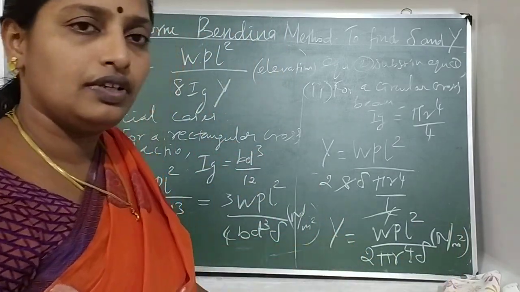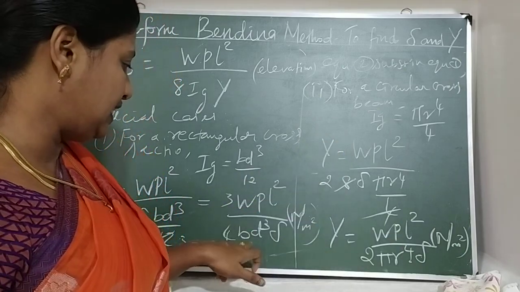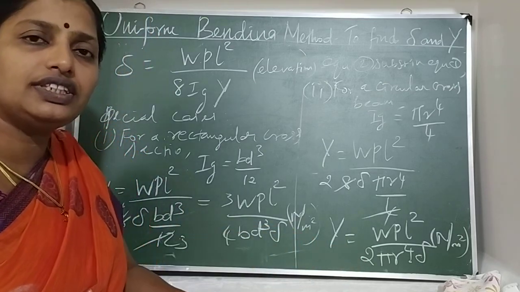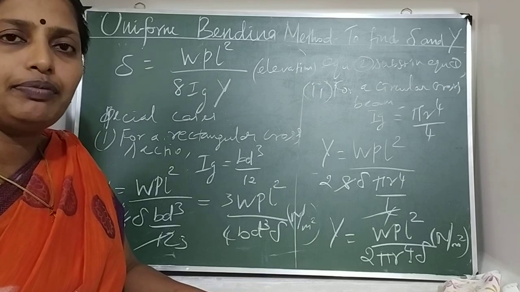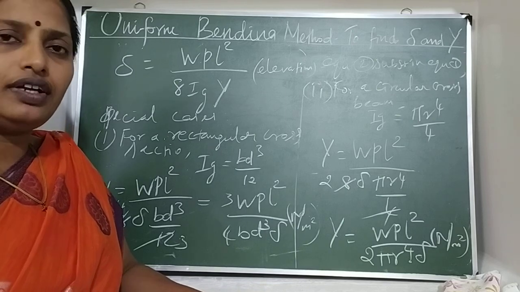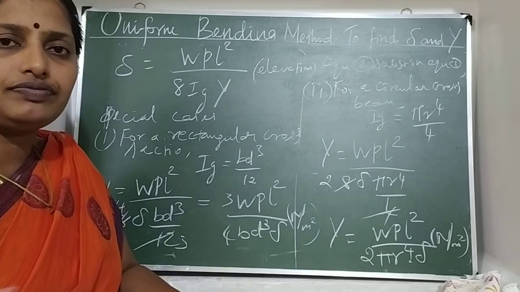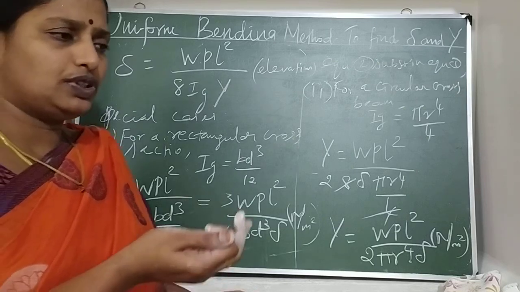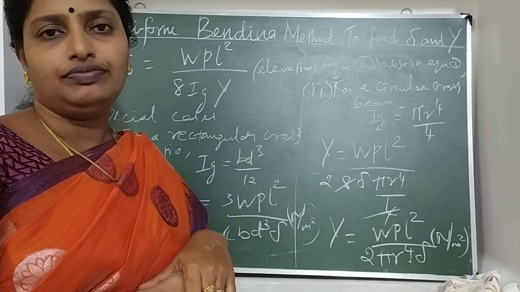Okay friends, for the circular cross section the Young modulus formula changes slightly. In the university question pattern, the model question is: explain the uniform bending method and find out the Young modulus of the given scale. And in the previous class I discussed the non-uniform bending method to find the depression and Young modulus value. Suppose the question pattern changes to differentiate uniform and non-uniform bending methods.